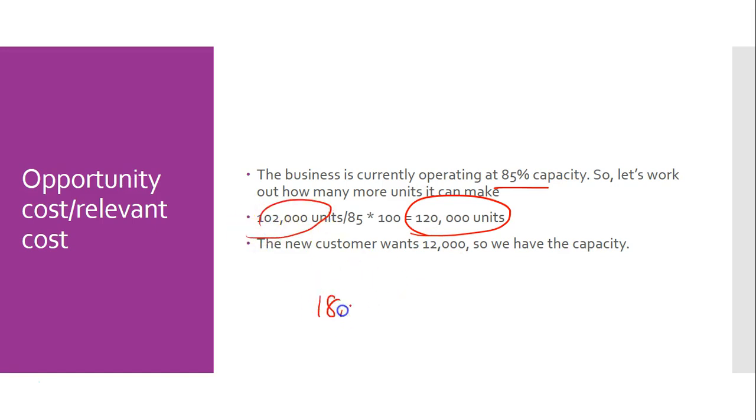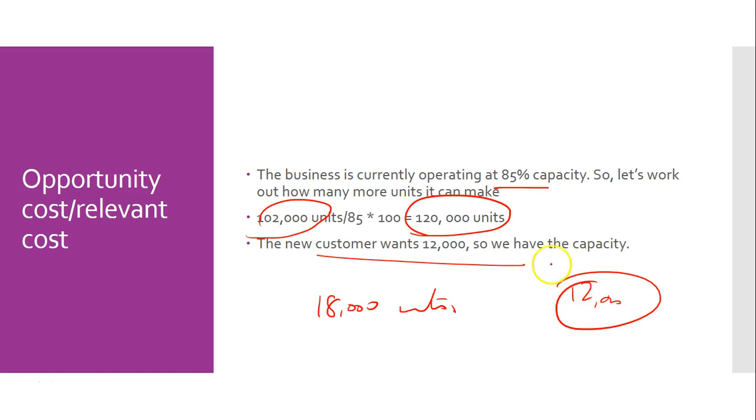That means we have capacity for an additional 18,000 units. You're only making 12,000, so yes, you have capacity. A question might create a scenario where you don't have enough capacity, so you can only offer up to the point because you can't make more than the availability of men or machines, those resources.